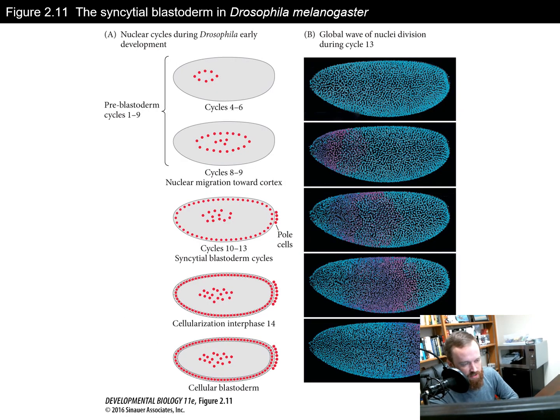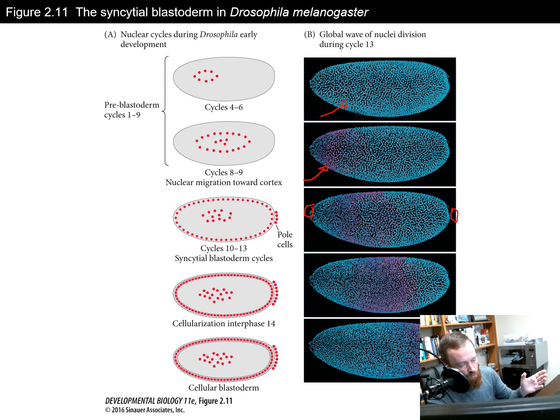So in the developing Drosophila egg, we have all these different blue dots. These are all independent nuclei. If they're blue, they're not actively dividing. And if they are purple, they are actively dividing nuclei. Now, as you can see, this proceeds in a wave from one pole of the egg to the other pole of the egg.